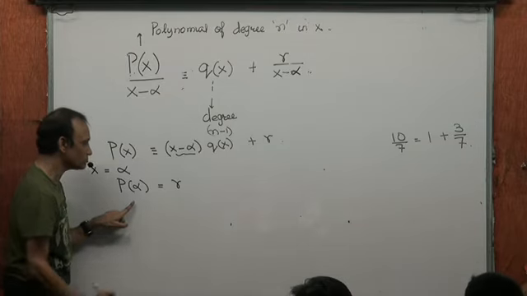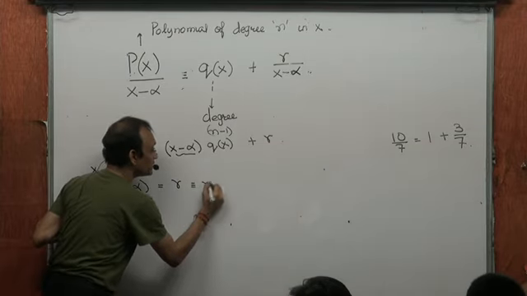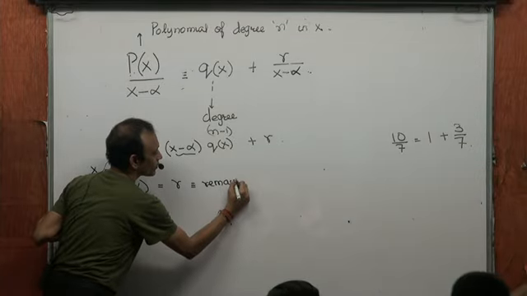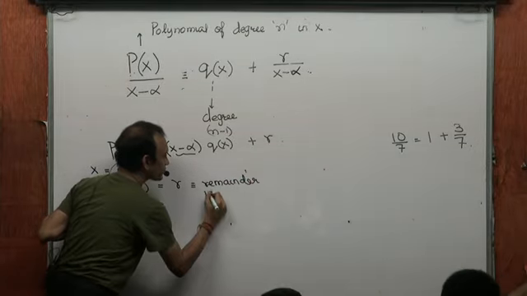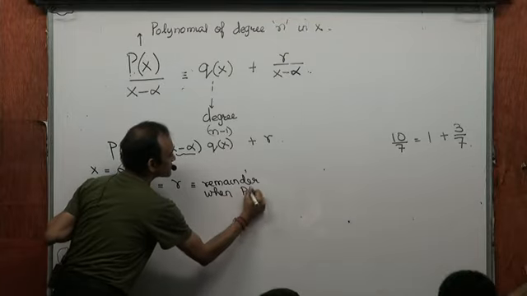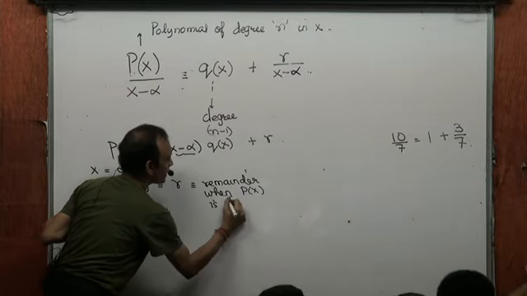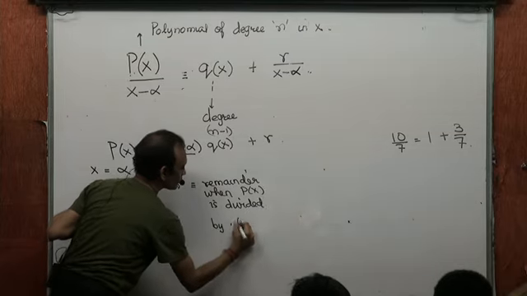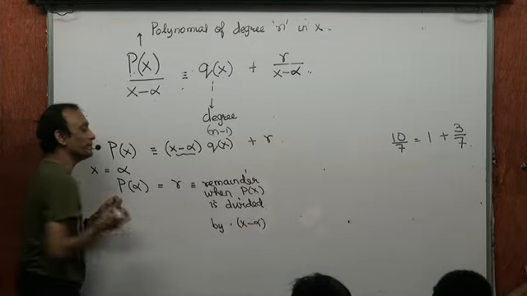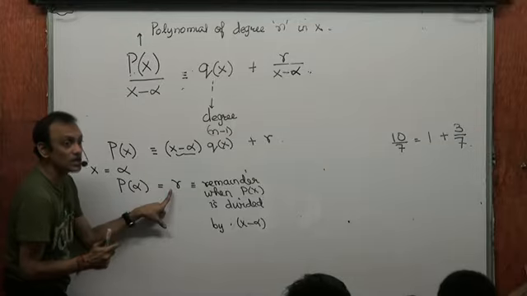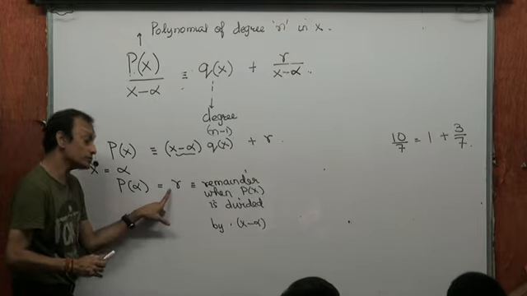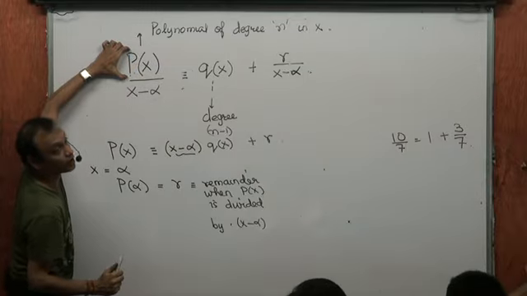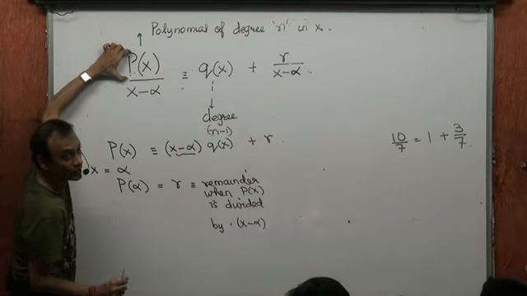So p(alpha), the value of the polynomial at x equal to alpha, will be the remainder.